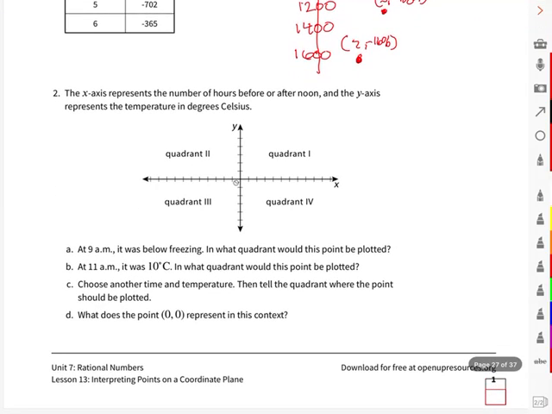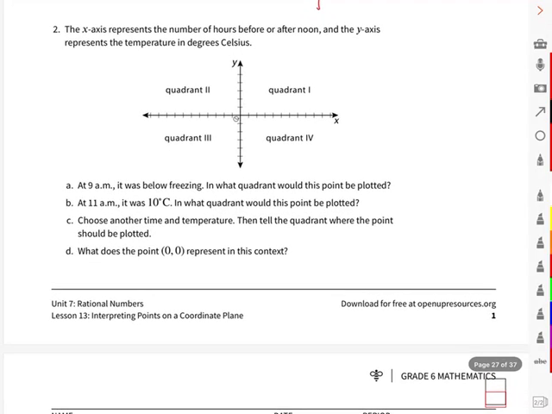Alright, so number 2 says the x-axis represents the number of hours before or after noon, and the y-axis represents the temperature in degrees Celsius. So we have to answer the questions below. At 9 a.m. it was freezing. In what quadrant would this be plotted?